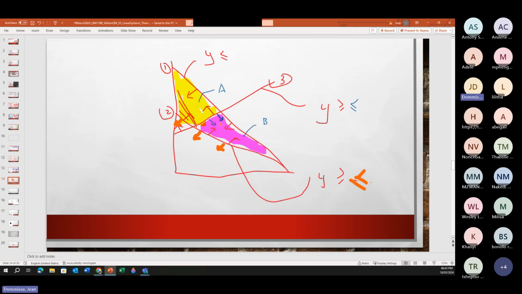If that was still smaller or equal to, then it will be there. And now suddenly that one is also still smaller. Now we sit with this area. So just by looking at a few different changes in the inequality, we can get different options.